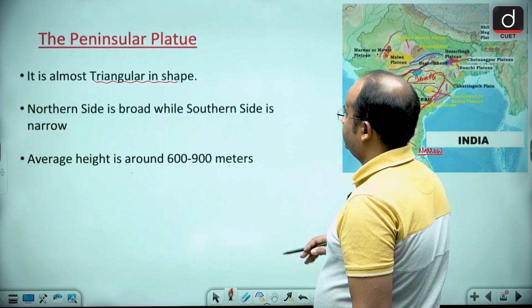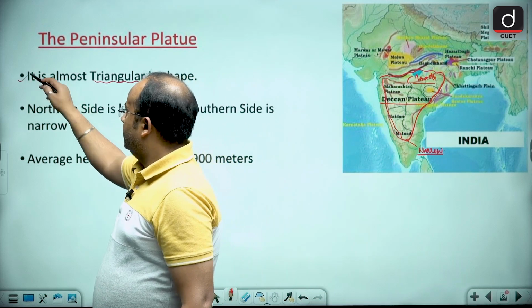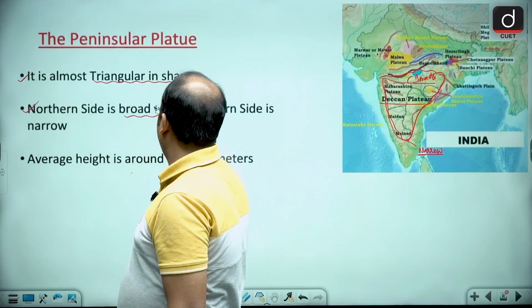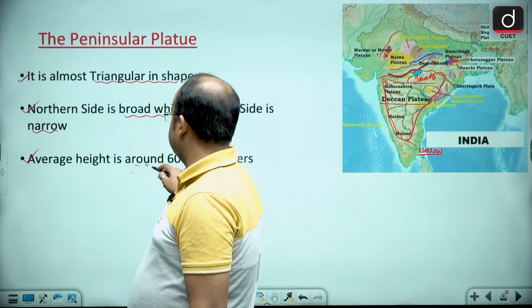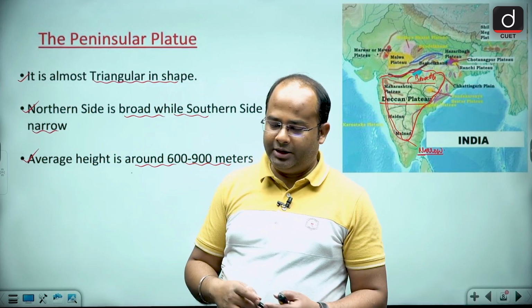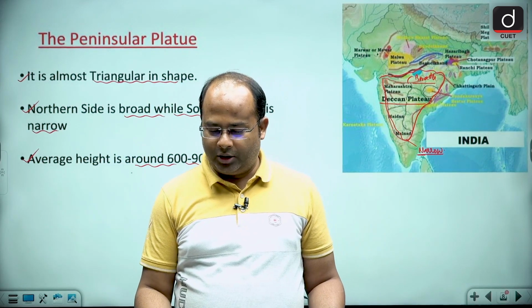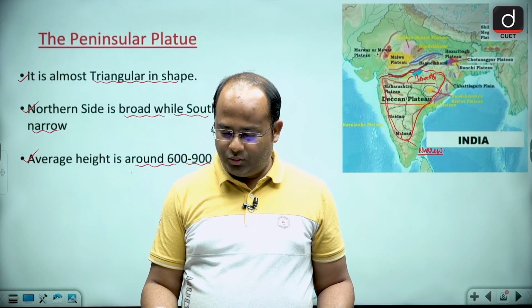The average height of this peninsular plateau is around 600 to 900 meters. Is that clear to all of you?